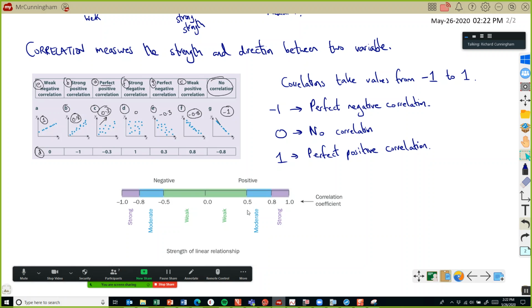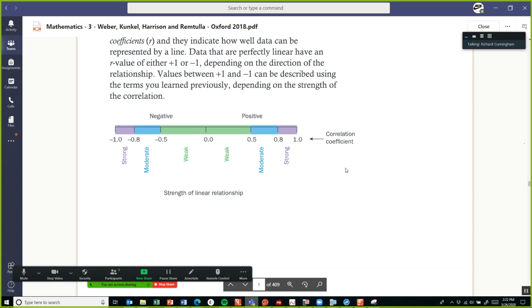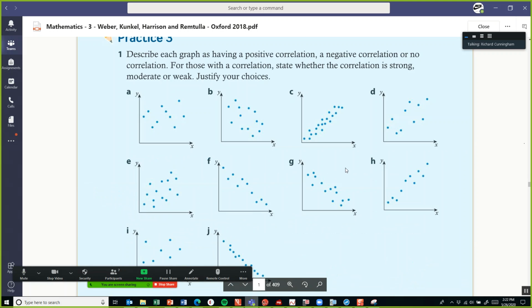Okay. So I'm going to give you a few questions. Let's have a look at some of these. First off, describe each graph as having a positive correlation, a negative correlation, or no correlation. For those with a correlation, state whether the correlation is strong, moderate, or weak.